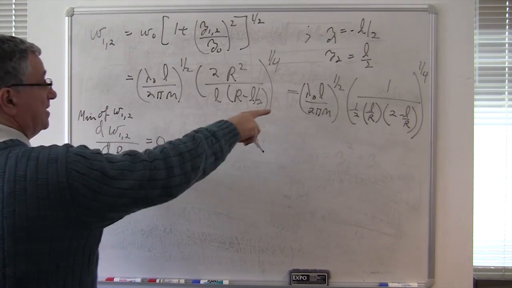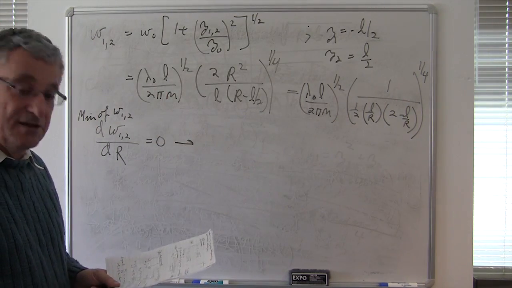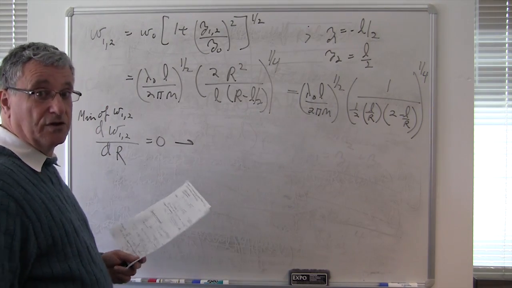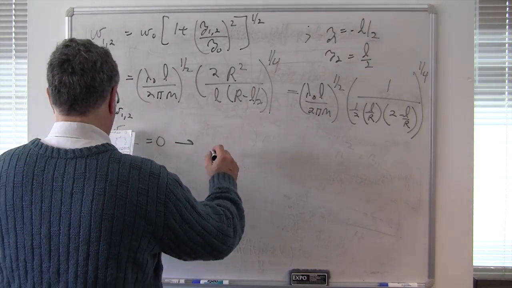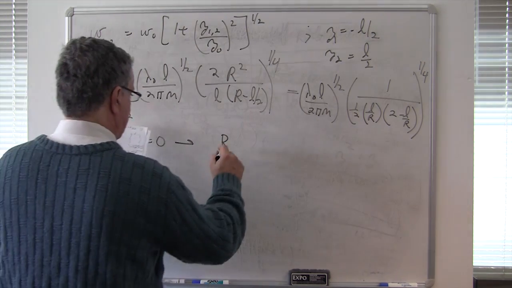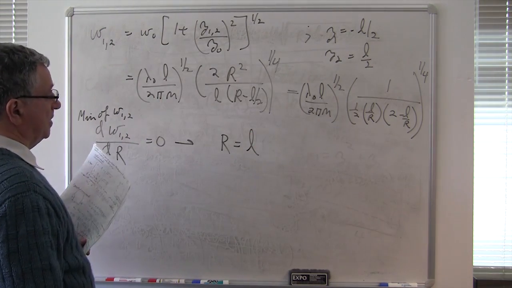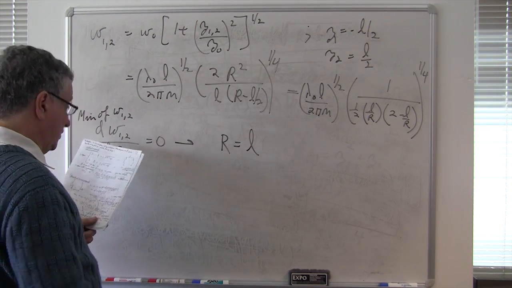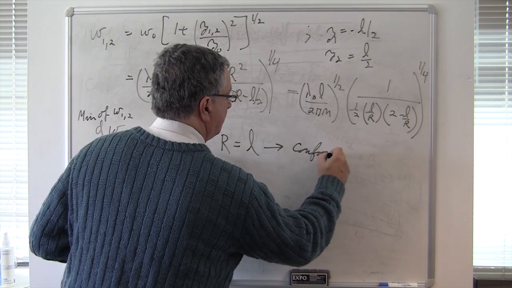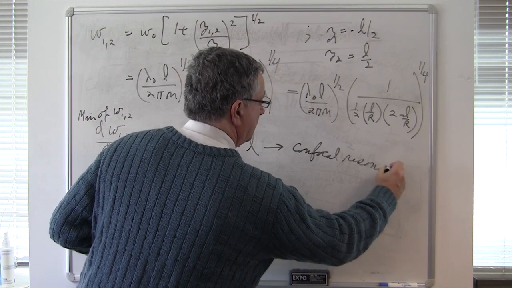And when you do this, and I will let you do this derivative, what you should find, and you should do the derivative just to make sure everything is fine, is that you get the minimum spot size when R is equal to L. And what it means is when R is equal to L, this is what we call a confocal resonator.